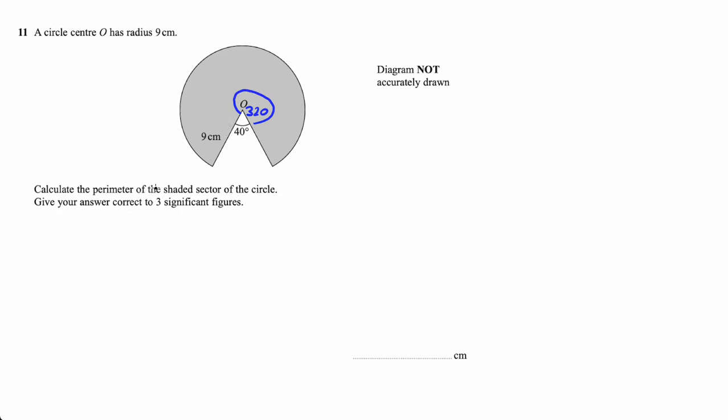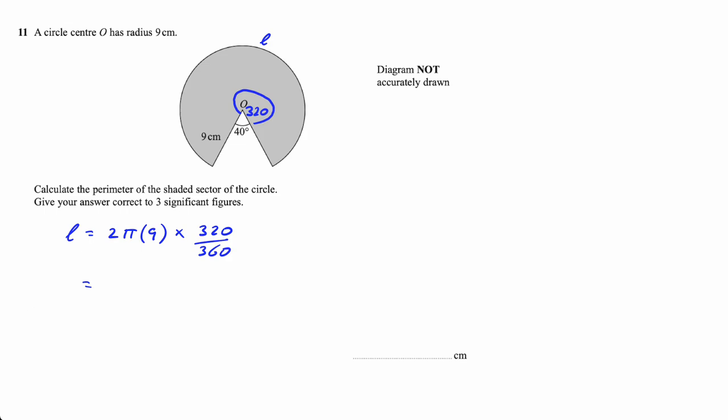because 320 plus 40 gives me 360. So now I can just say the same thing to find, let's call this L. L is equal to 2 pi times 9 times 320 out of 360.